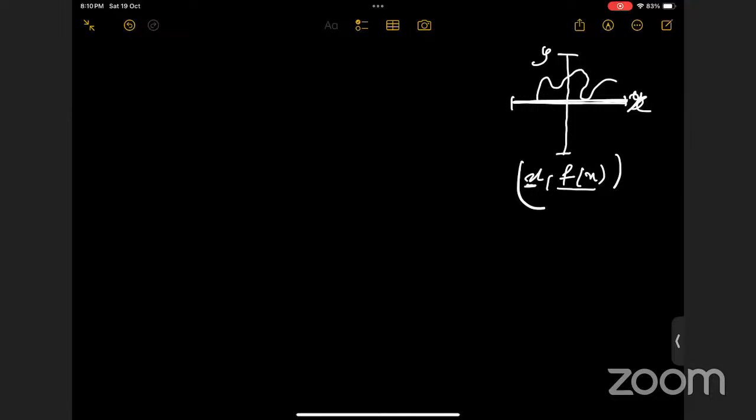So suppose this is a point over the graph. That means we have these 2 points: the point x in the domain and the point f(x) in the codomain. When we put these 2 points together as the x coordinate and y coordinate of a point in a Cartesian coordinate system, we get a graph.